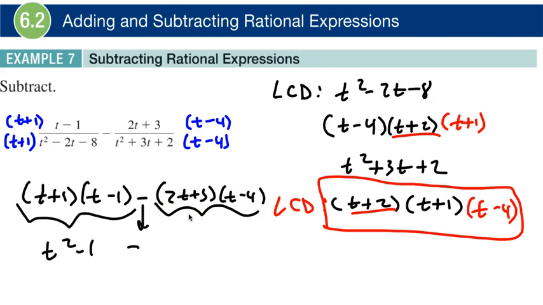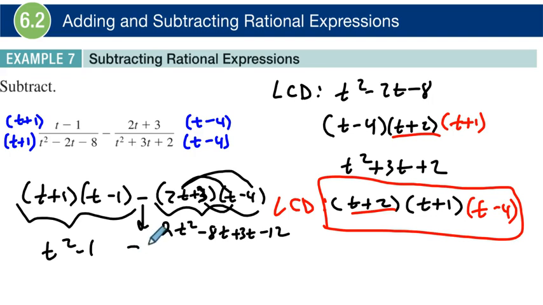2t times t is 2t squared. 2t times negative 4 is a negative 8t. 3 times t is a positive 3t, and then 3 times negative 4 is negative 12.